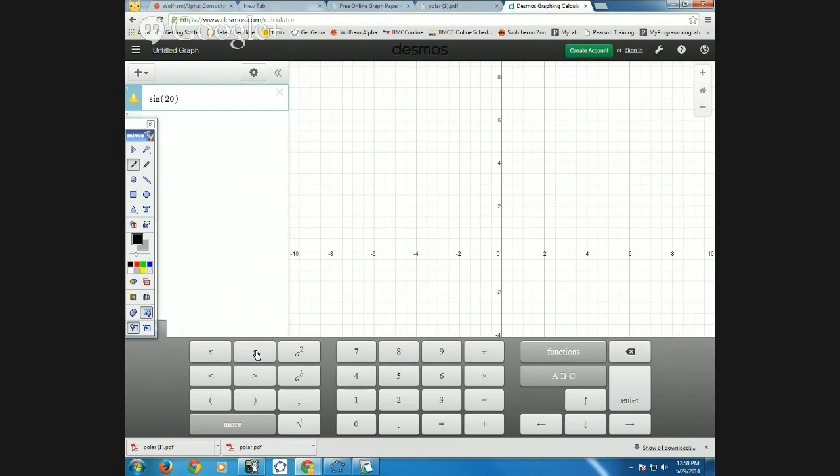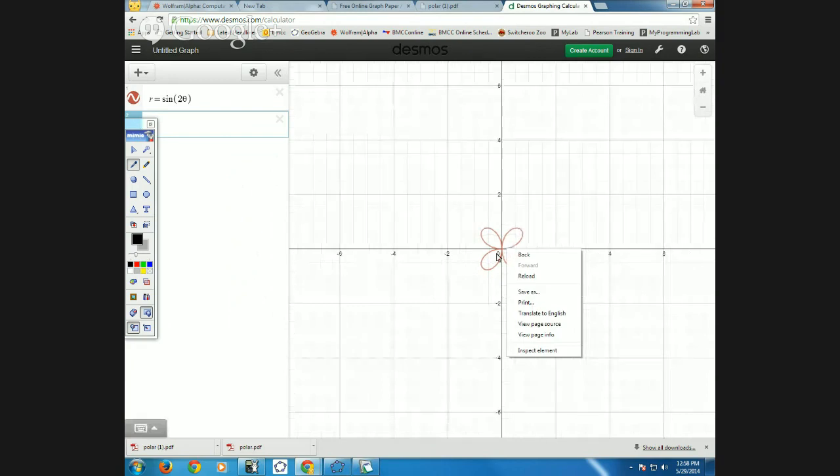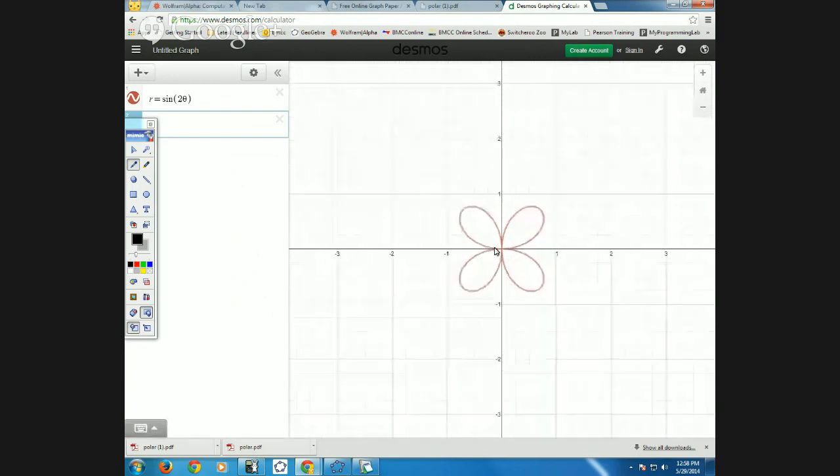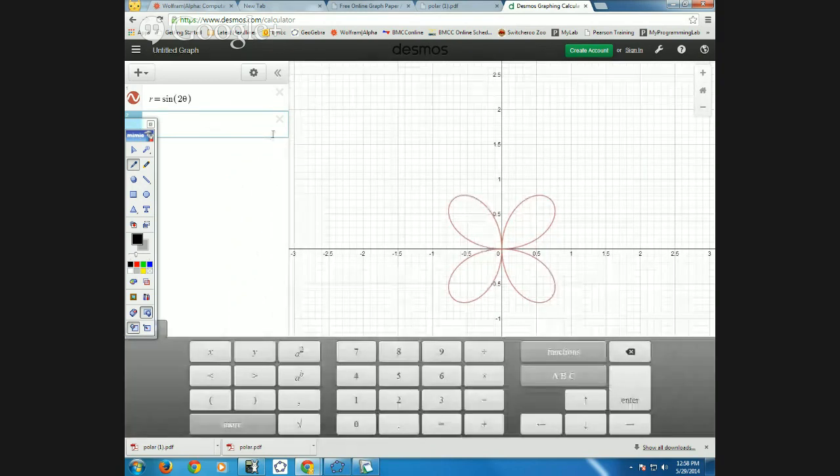Oops, I have to write r equals. There's that cutie. We can zoom in on it a little bit.